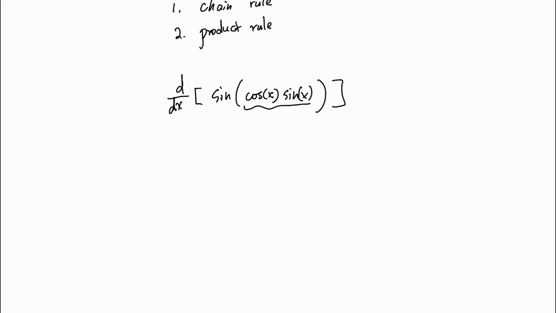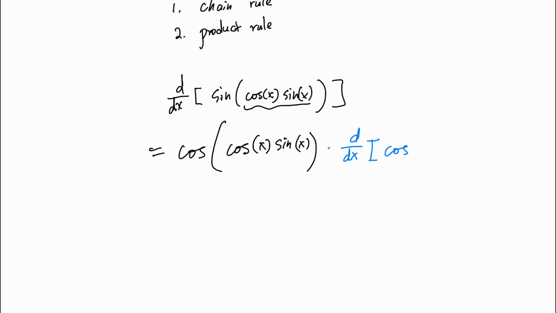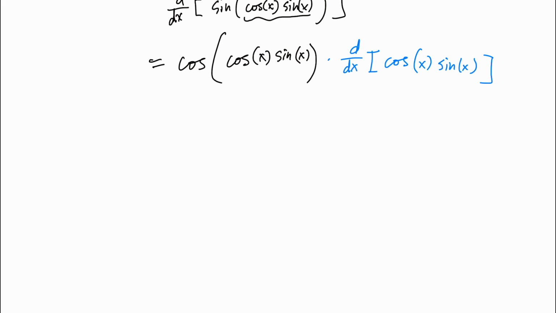So that would be equal to the basic derivative, cosine of cosine x times sine x, multiplied by, do not forget this part, the derivative of the inside. So cosine x sine x, that's the derivative of the inside.